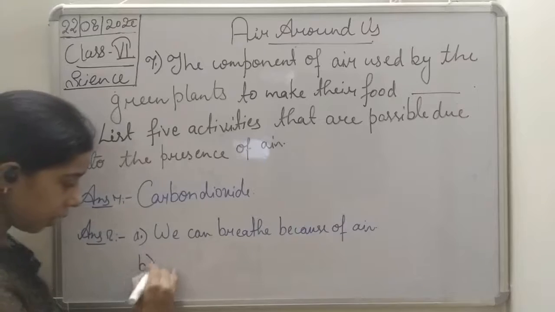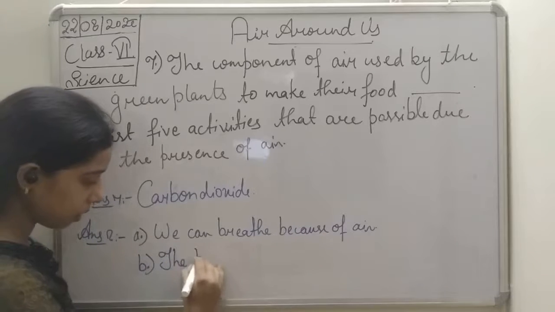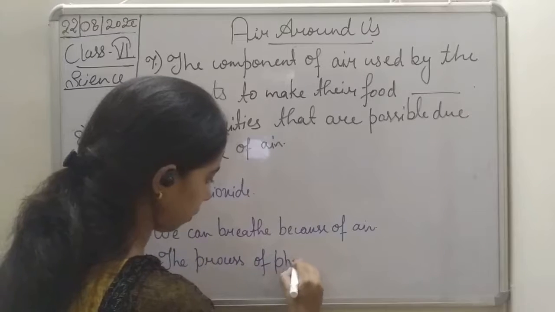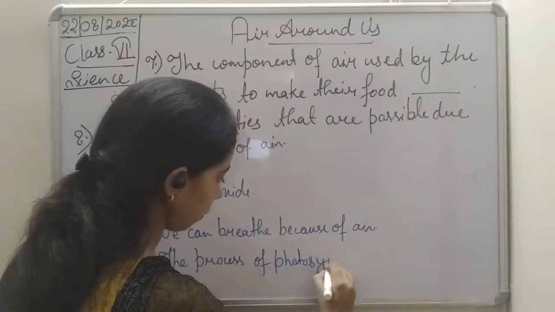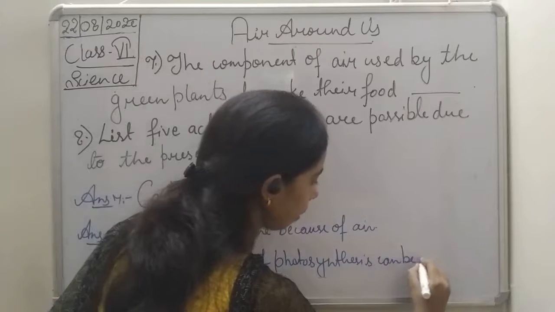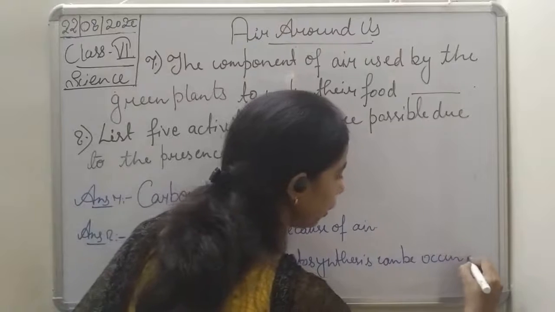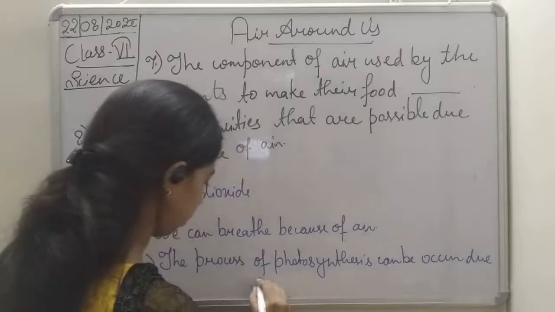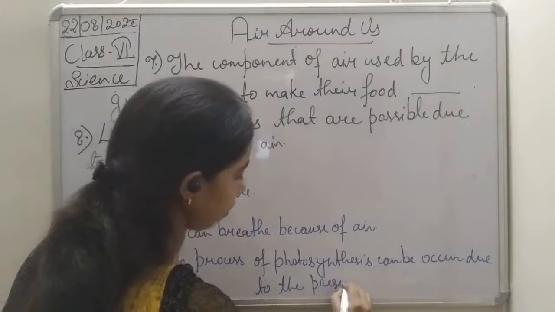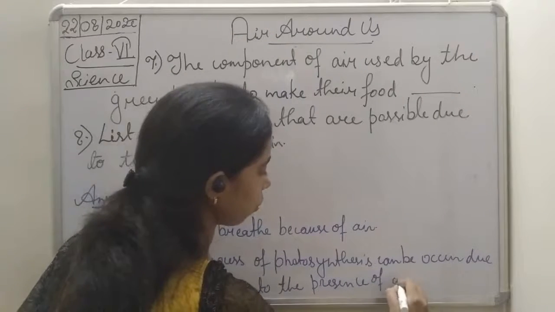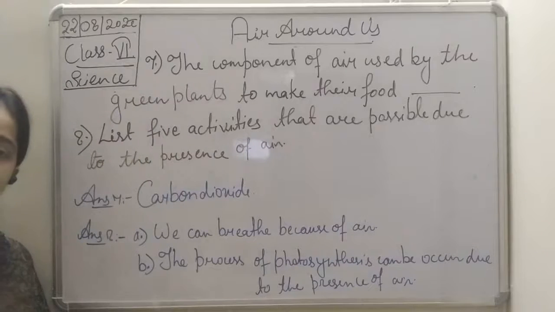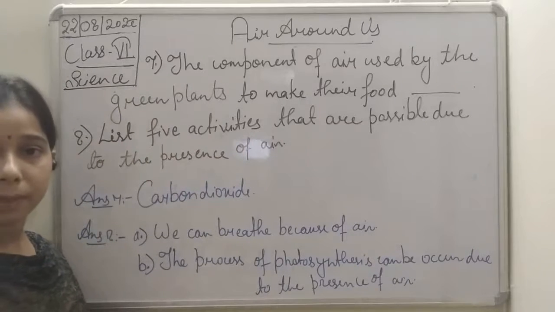Second one is that the process of photosynthesis can occur due to the presence of air. You know that, students, for carrying out the process of photosynthesis, it needs a gas, that is carbon dioxide.